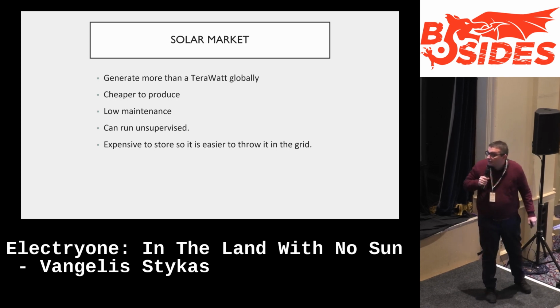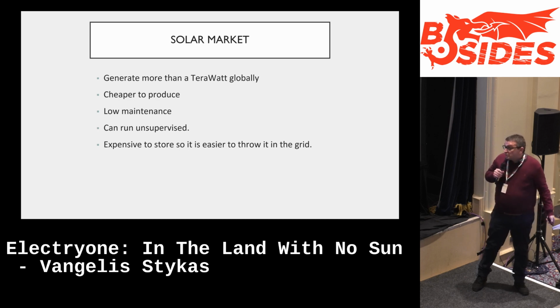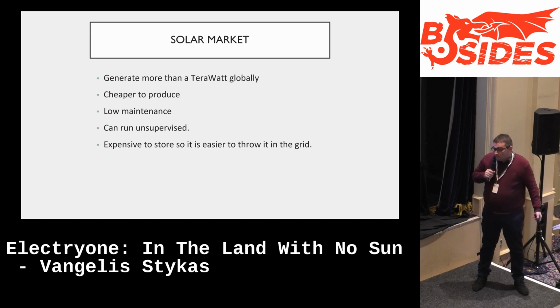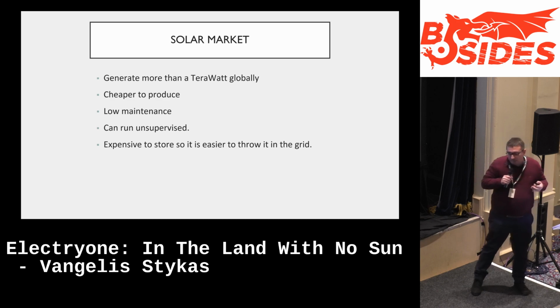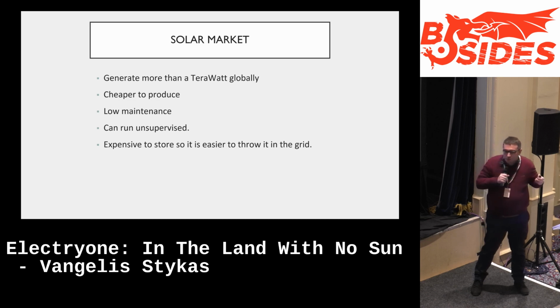So the solar market is, as I said, generating more than 1 terawatt globally. The solar power is cheaper to produce. It has low maintenance, but a lot of money to actually install it. It can run unsupervised, and as it is expensive to store, it is easier to just throw it in the grid.